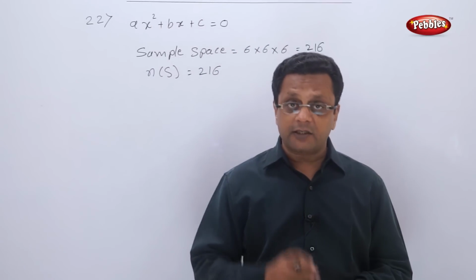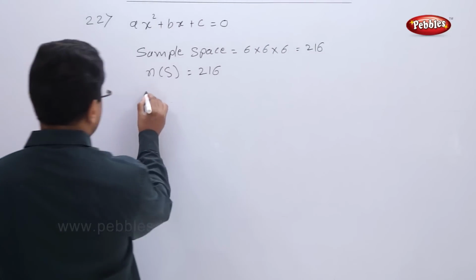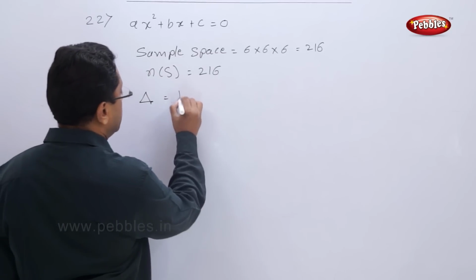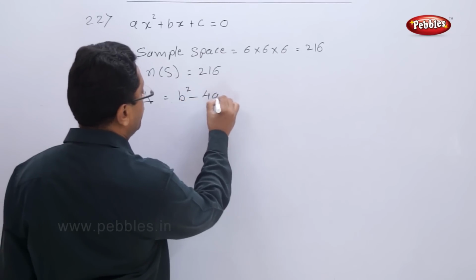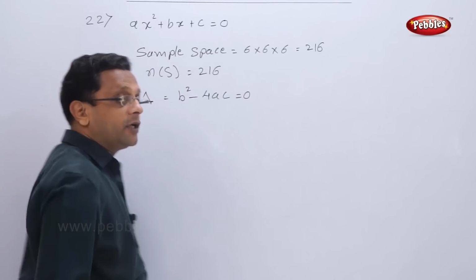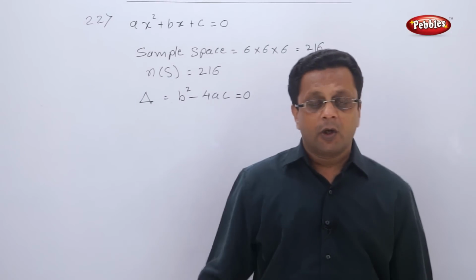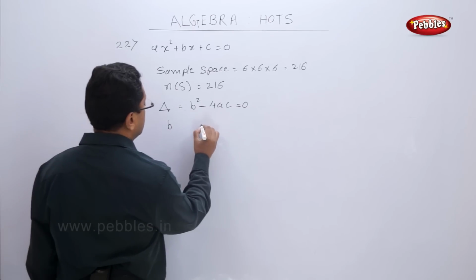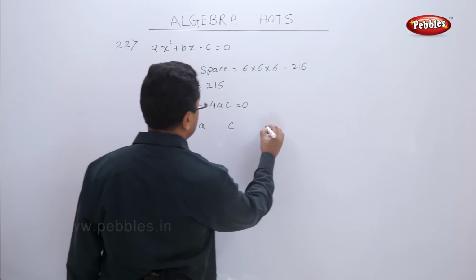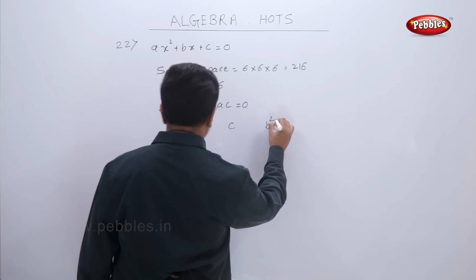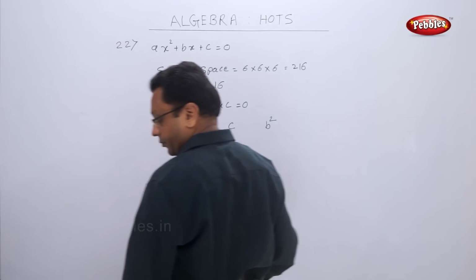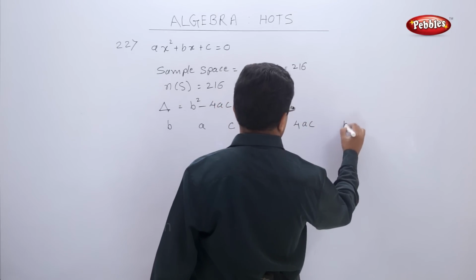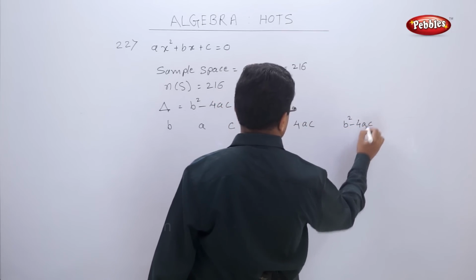When the equation has equal roots, its discriminant is 0. That means the discriminant b square minus 4ac must be equal to 0. So let us now make a small table: b, a, c, then b square, then 4ac and b square minus 4ac.